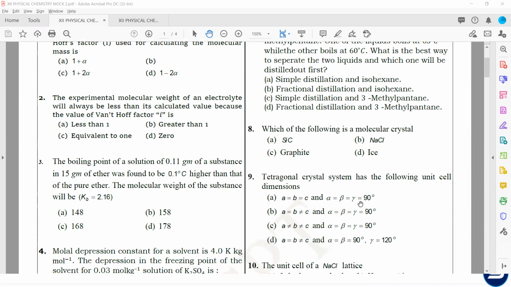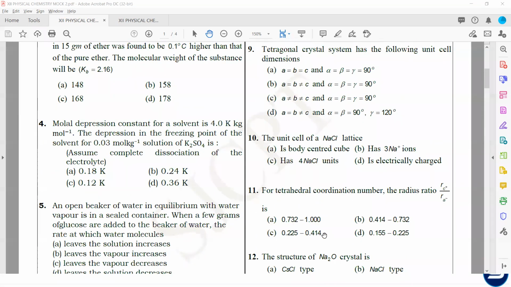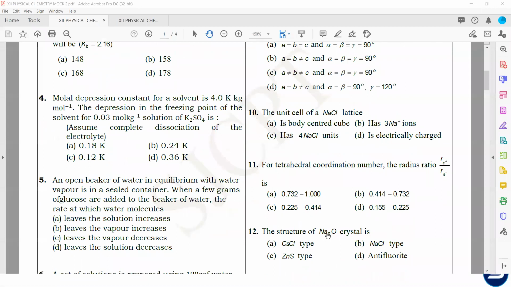Next, tetragonal crystal system has the following unit cell dimensions. A is equal to B but not equal to C, and the angles are equal to 90 degrees. The unit cell of NaCl has 4 NaCl units. What is the type of the unit cell for NaCl? FCC, salt like. तो इसके details मैंने आपको बताए हैं.